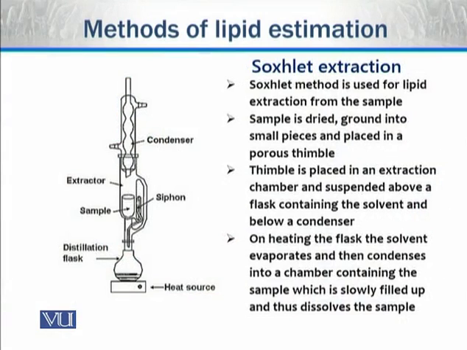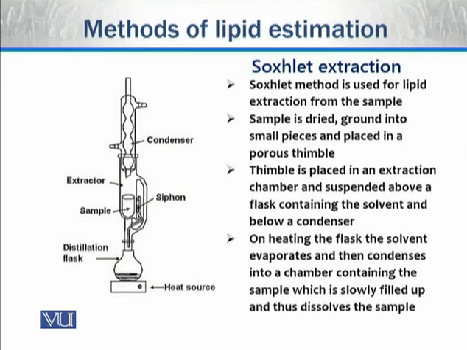Next method is Soxhlet extraction. In this method, lipid extraction from the sample is done by the following method. Sample is first of all dried. It is ground into smaller pieces and placed in a porous thimble.